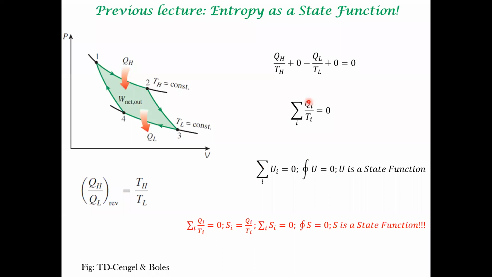We had analyzed a Carnot cycle and then looked at the 4 segments of a Carnot cycle. And when you do that, these 4 things add up to 0, which seems to indicate there is some quantity called Q by T. Okay, we're not going to interpret, we're going to just call it entropy, which when you sum it over all 4 segments adds up to 0.